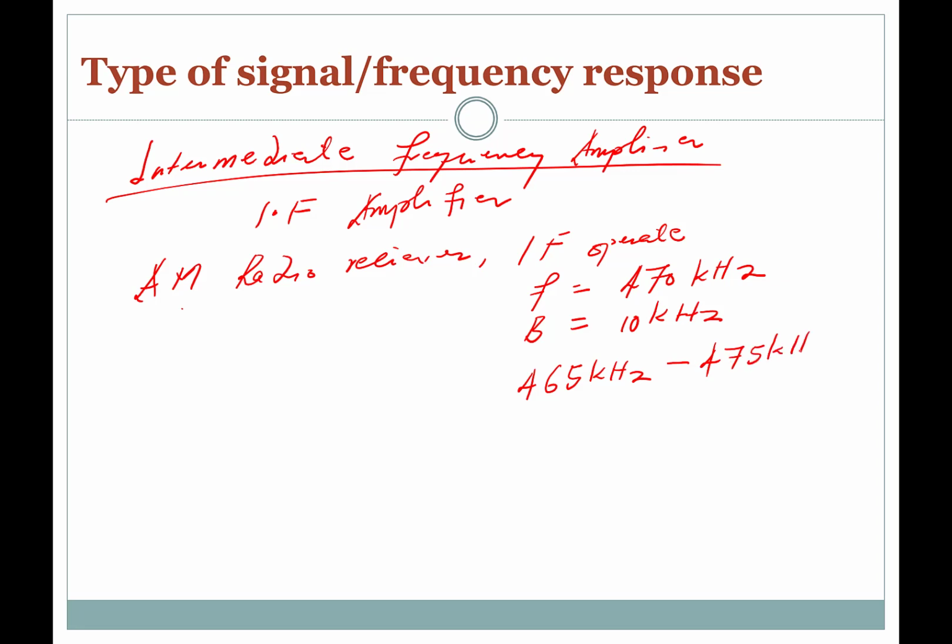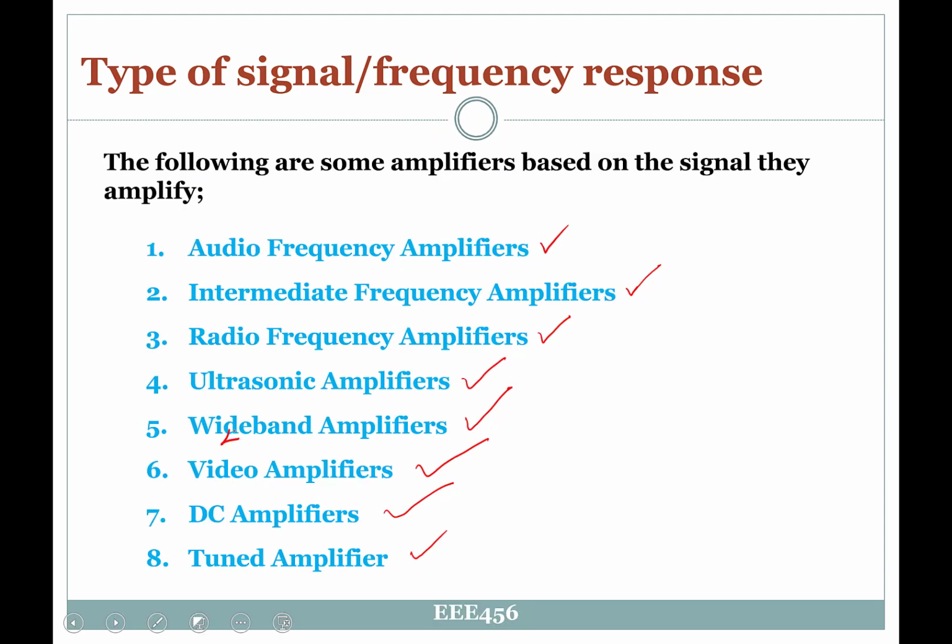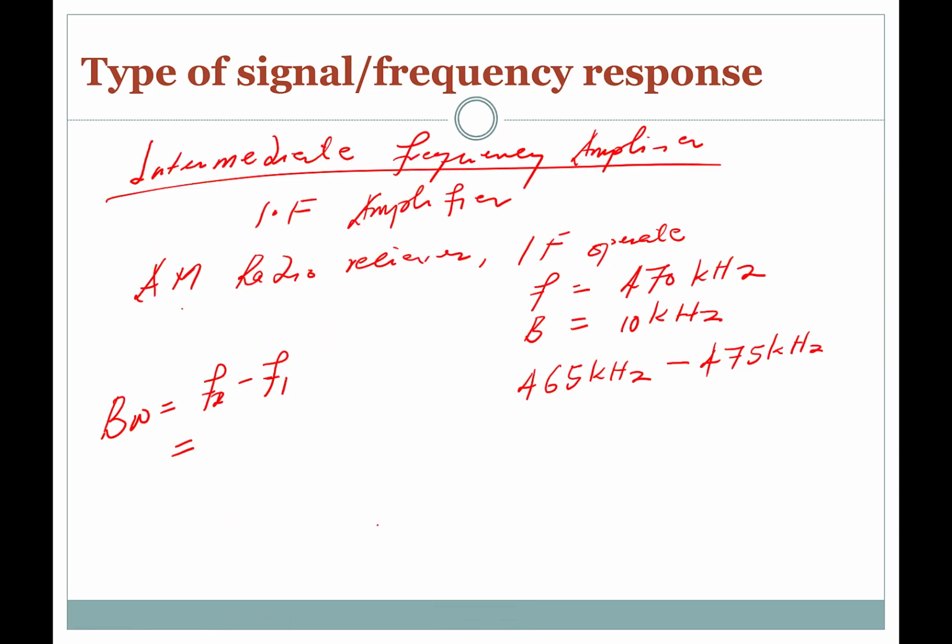475 kilohertz, where you already know how to calculate bandwidth: BW equals F2 minus F1, which in this case is 475 minus 465, which leaves us with a bandwidth of 10 kilohertz.